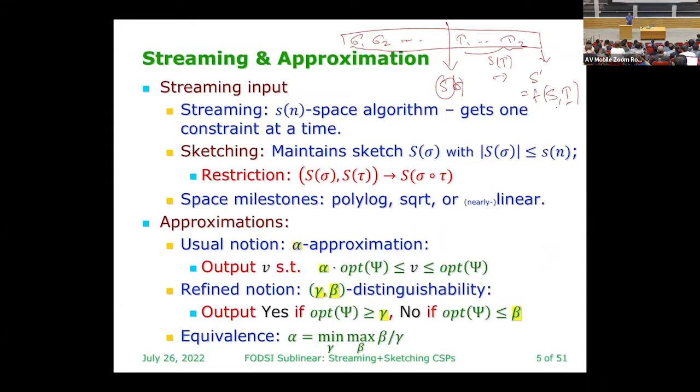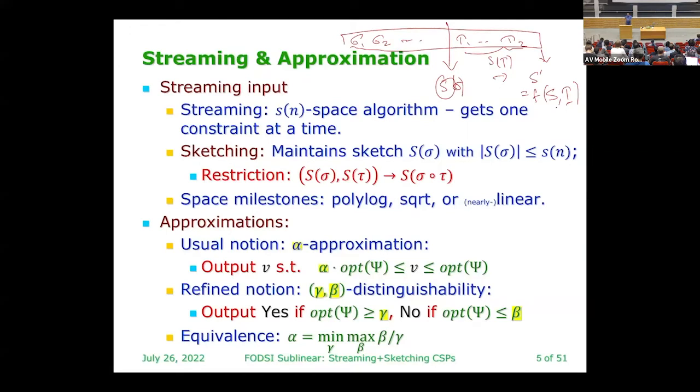Typically, when you're trying to prove positive results, you just want to approximate the value, which is a number between 0 and 1. We want to produce some number which is upper bounded by the actual number, while also lower bounded by alpha times the same number. So the larger the alpha, the better the approximation. Alpha equal to 1 is an exact algorithm, and you would like to get algorithms which achieve as large a value of alpha as possible.